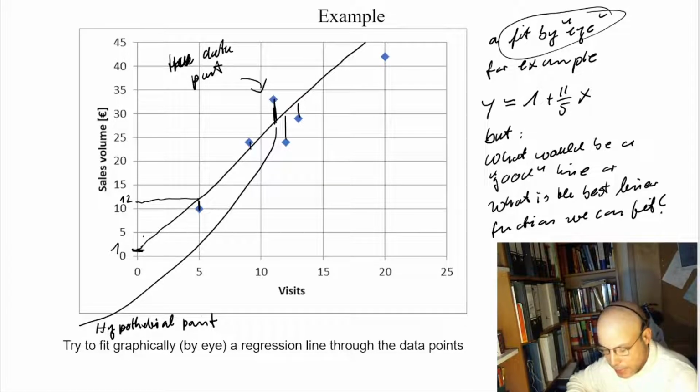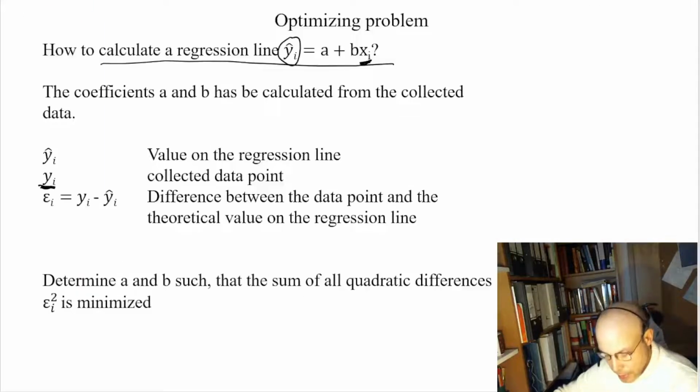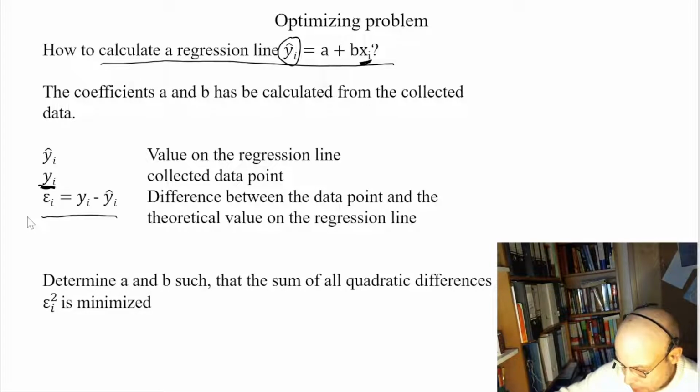So what we make if we draw our line is some slight error. This is the difference between our true data point and our hypothetical data point.